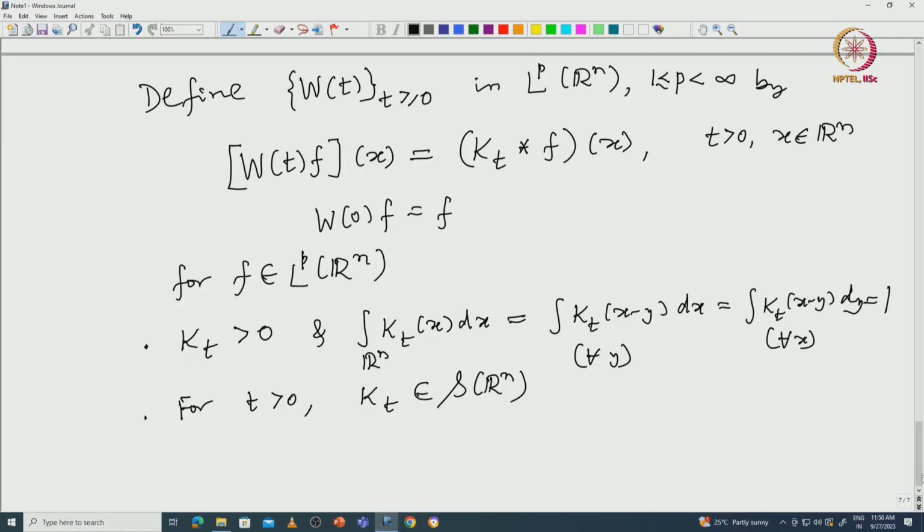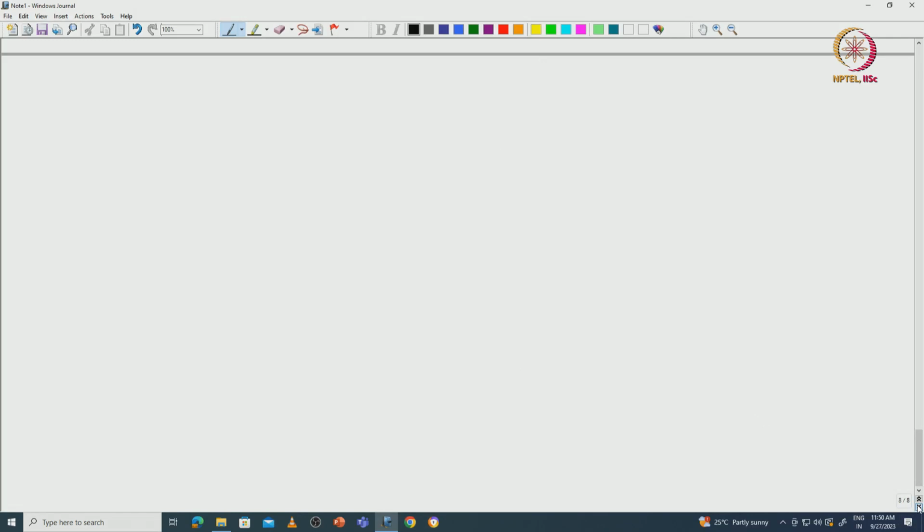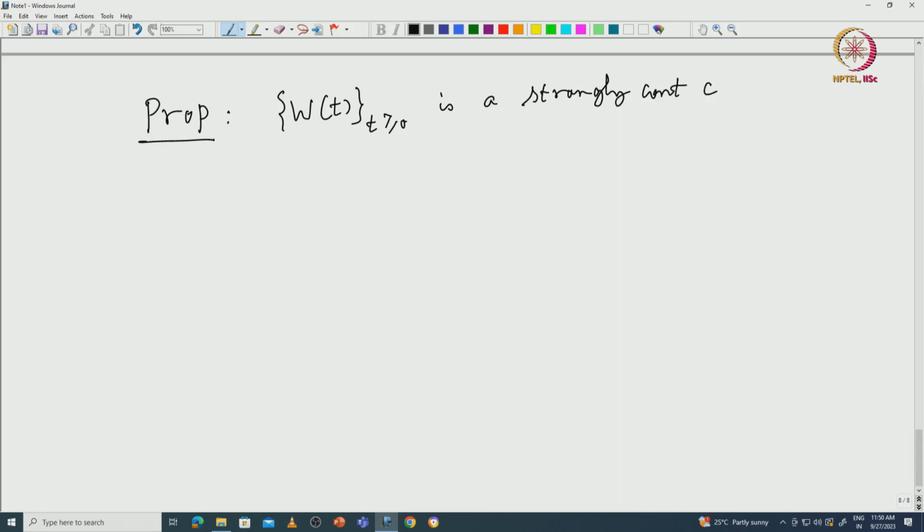So the first proposition, that's the somewhat easier one: W t is a strongly continuous contraction semigroup.